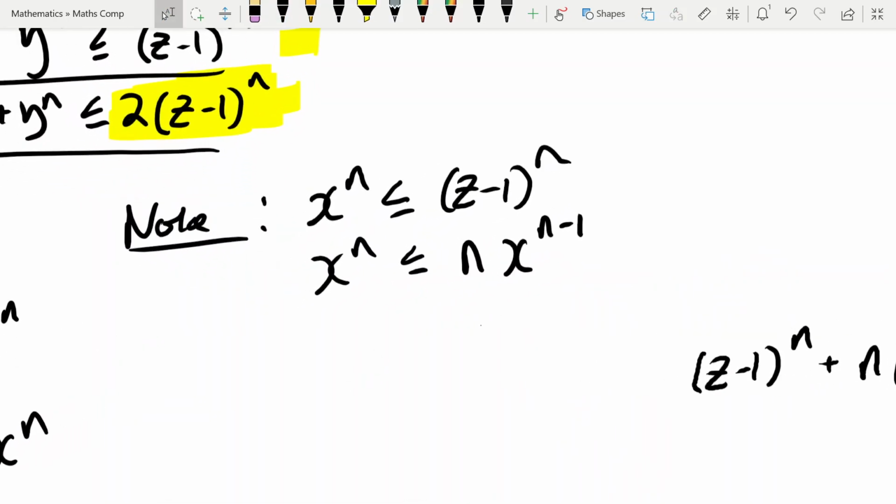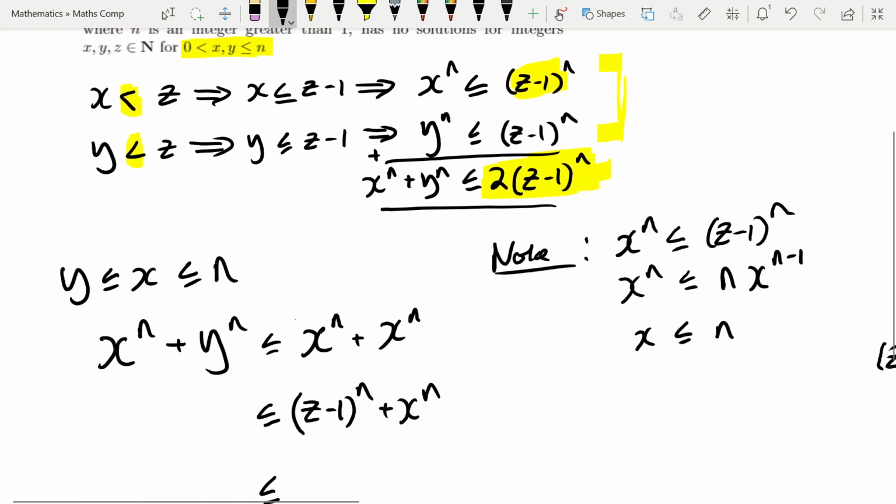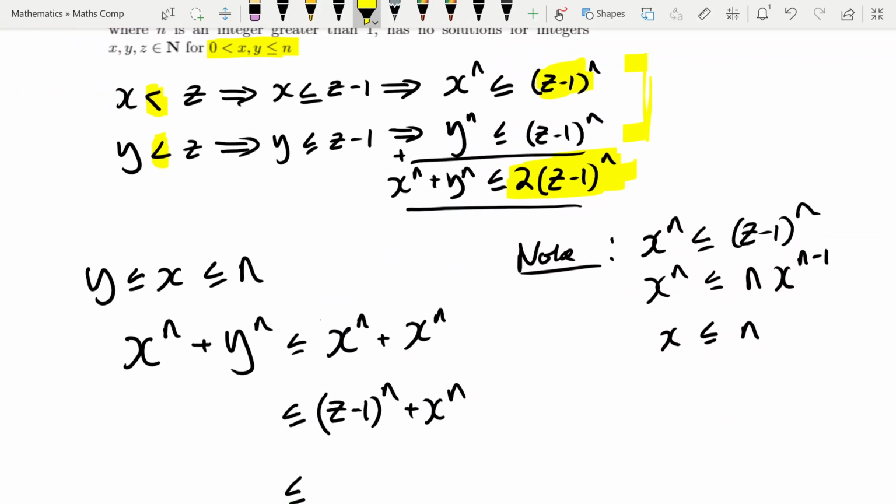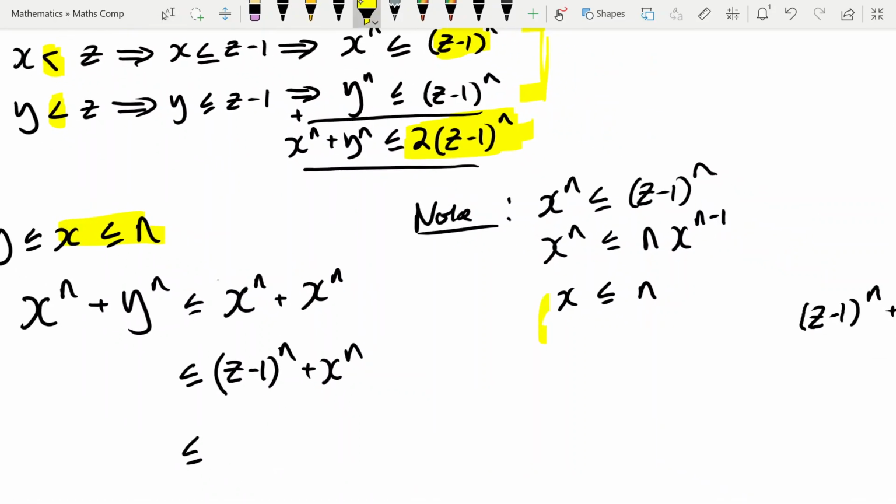If you start with this original equation, x is less than or equal to n, and this comes from this bound we have here. If we multiply both sides of this inequality by x to the n minus 1, we get x to the n is less than n x to the n minus 1.